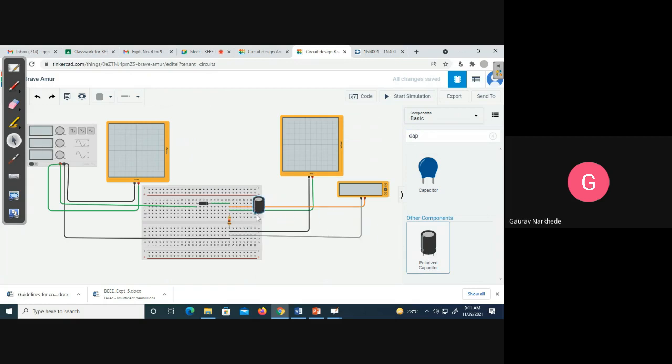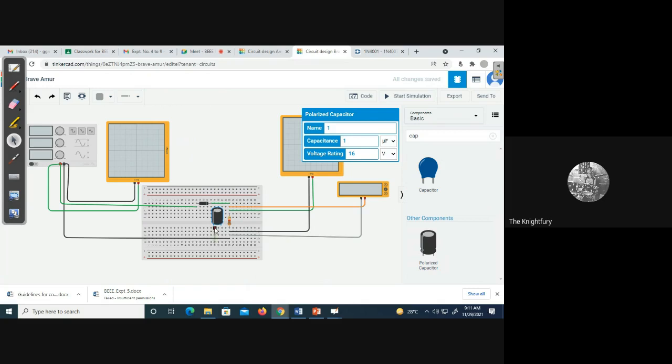Okay, I'm keeping it here. इस साइड में लगाऊंगा, चलेगा? Yes, sir. And this is your negative, right? थोड़ा rotate करो इसको. Okay. Now I'm just keeping it here.